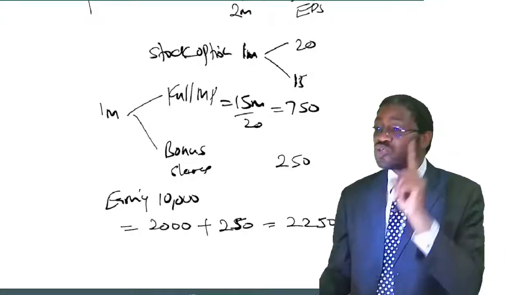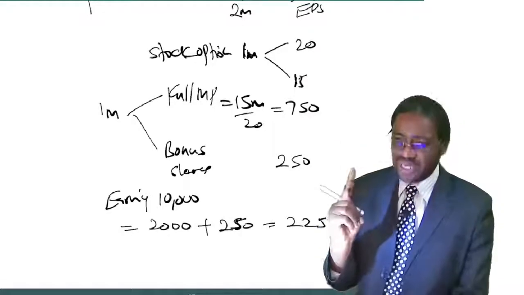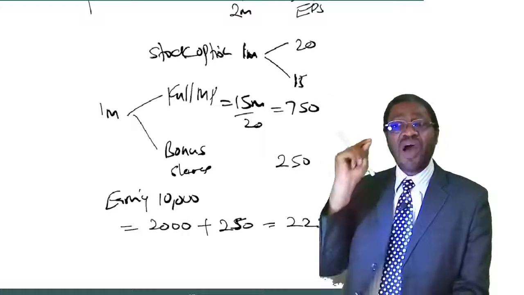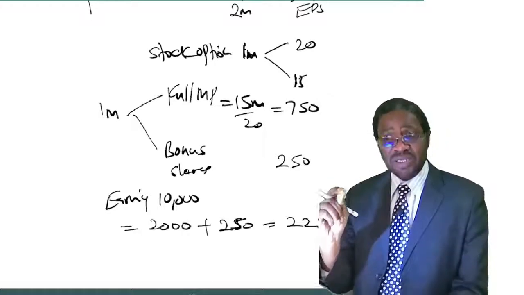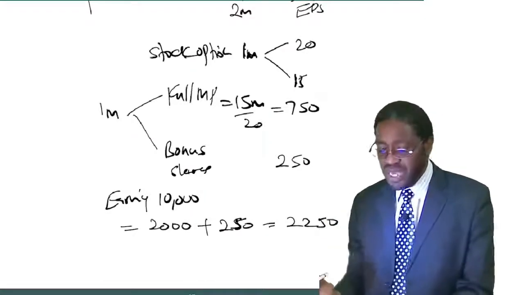So when you are computing the diluted earnings per share, our earnings that you use for basic EPS don't change. They would still remain 10 million.